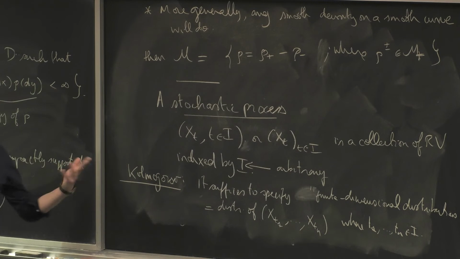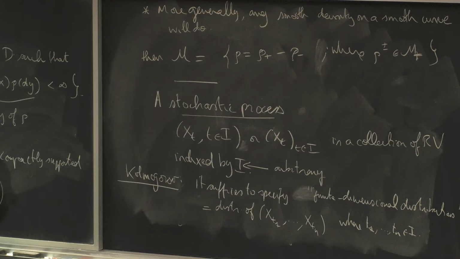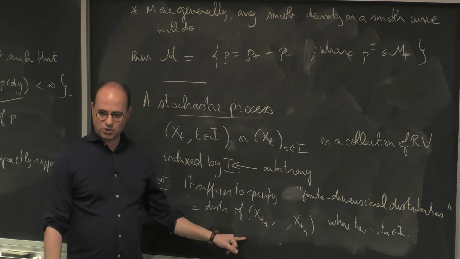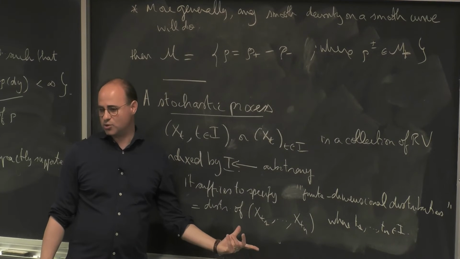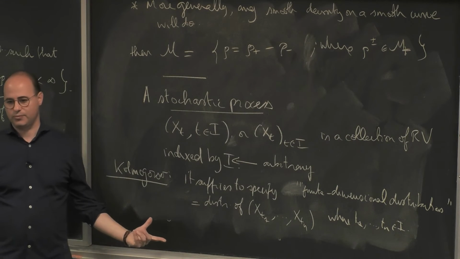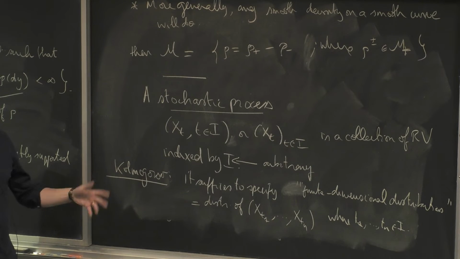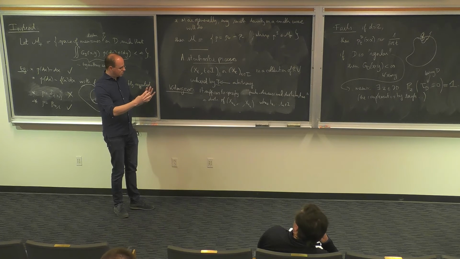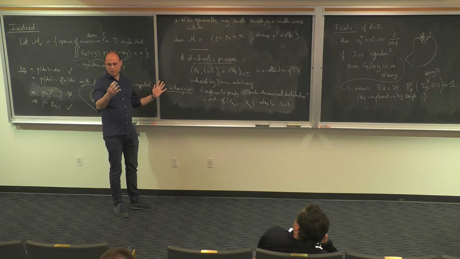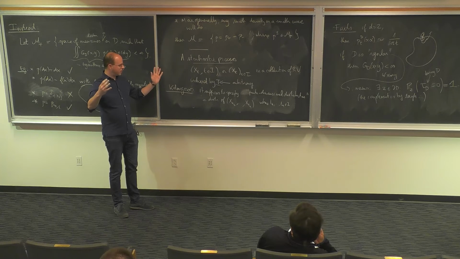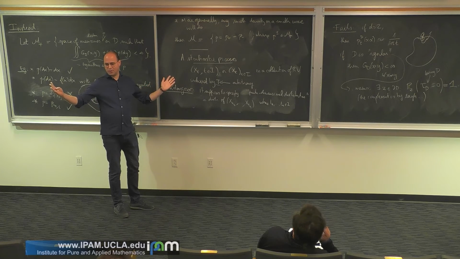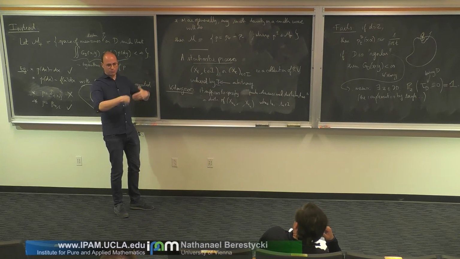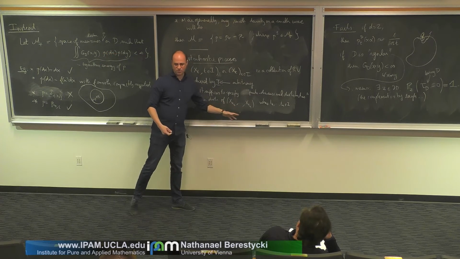So all I have to tell you is the distribution of a finite number of them, and I have to do so in a consistent way. If I change from n to n plus 1 and consider the distribution of X_t1 through X_t(n+1), then restricting it to X_t1 through X_tn should give the same as what I would have given you for this vector.